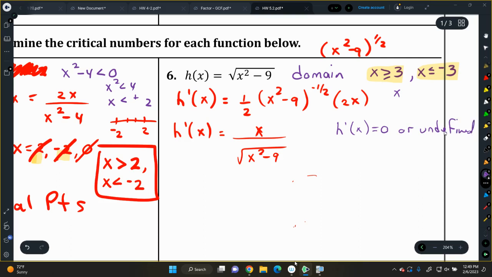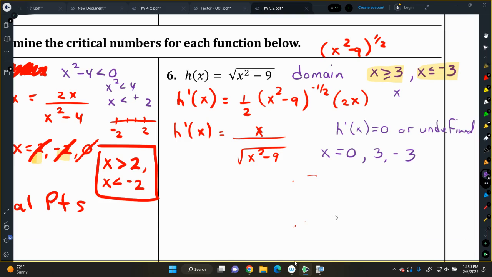Okay? So where does h prime of x equal 0? At x equals 0, right? The numerator is 0. Where is it undefined? When the bottom is 0, which would be positive 3 or negative 3.